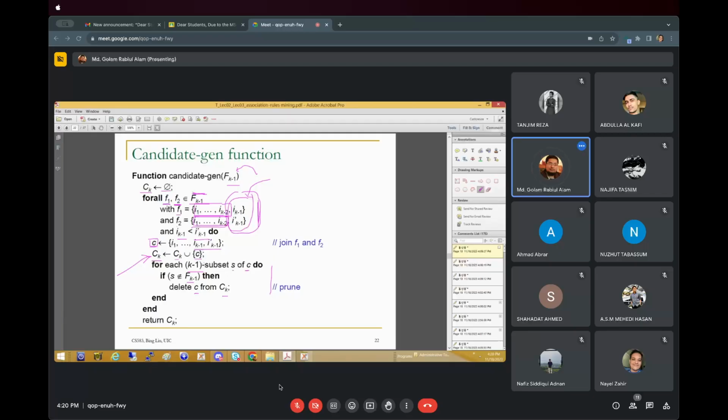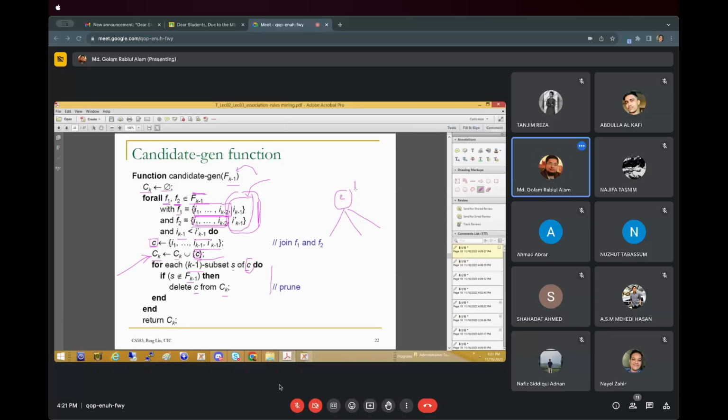It means that for each k minus 1 subset S of C, we have already added the C. Now in this C, we have to think about the subsets of size k minus 1. See, this one is k.